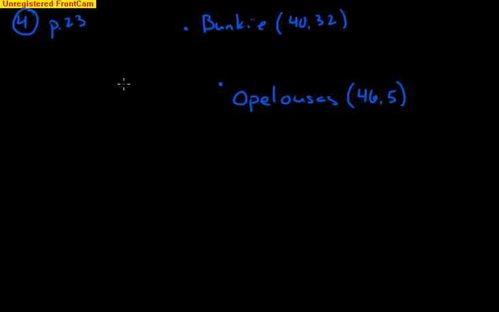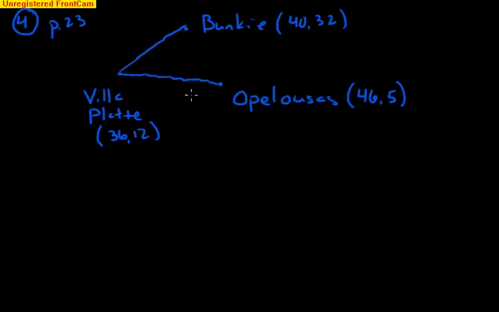And then there was a place over here called Villa Platte, and Villa Platte had coordinates (36, 12). So the road map looked like this. It went from Appalachia to Villa Platte, and from Villa Platte up to Bunkie. And I want you to tell me, how far is it from Appalachia to Bunkie?